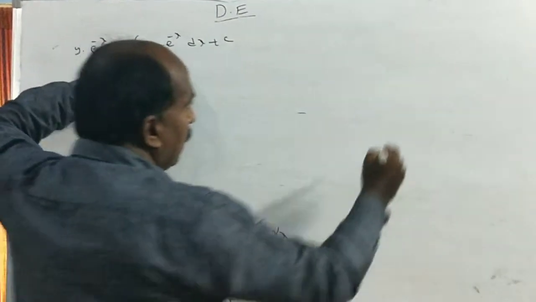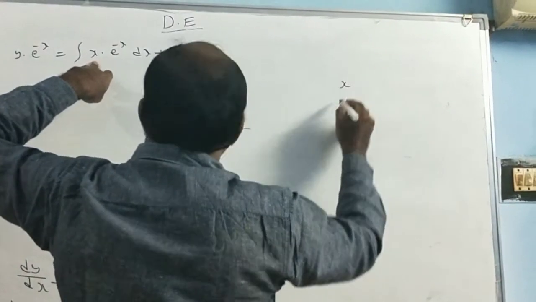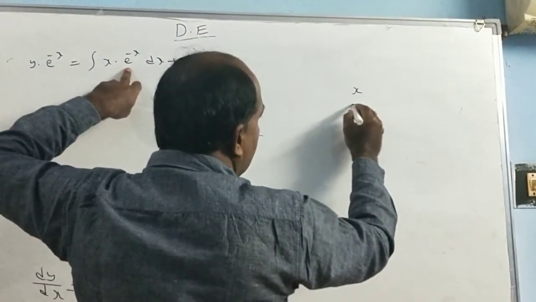Here x is the first function and e power minus x is the second function.